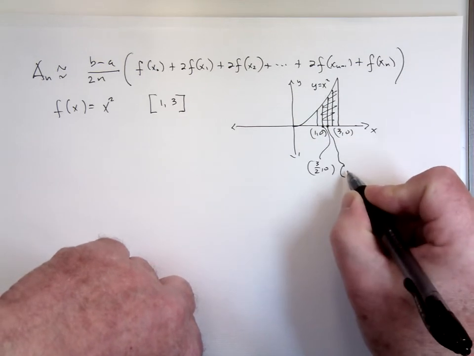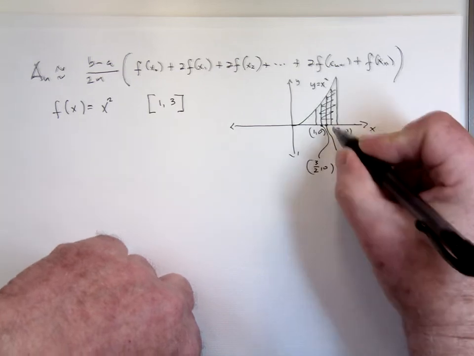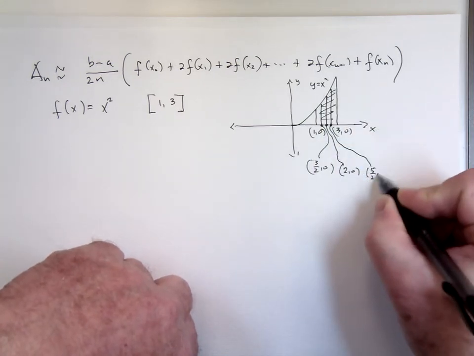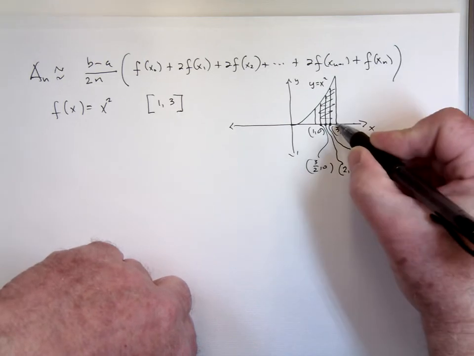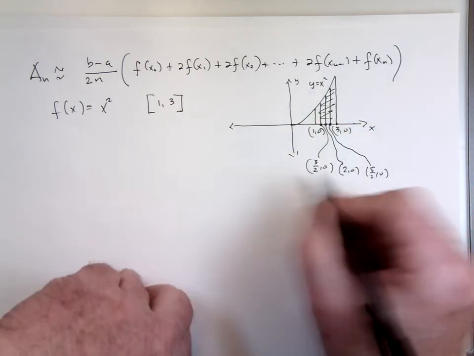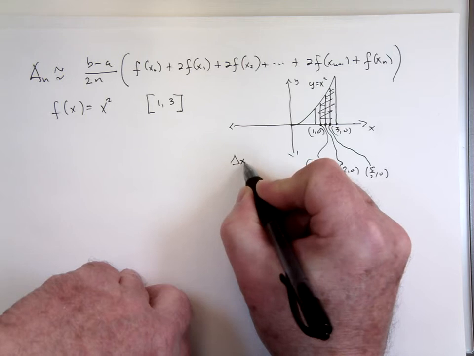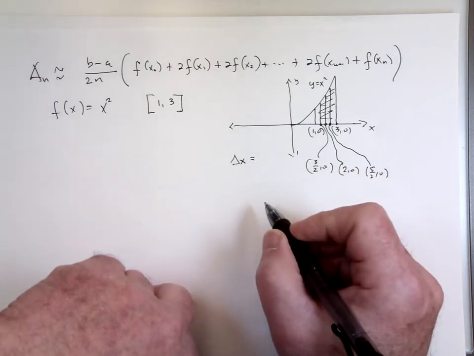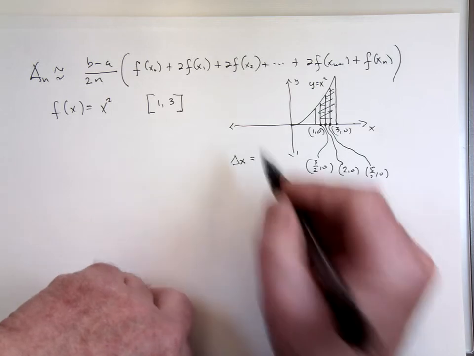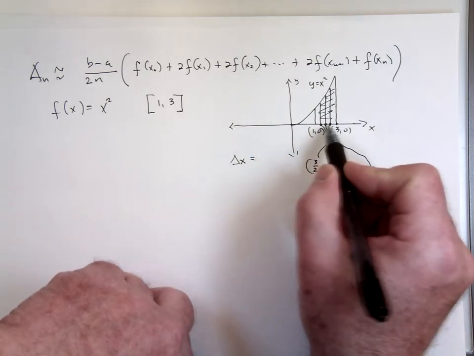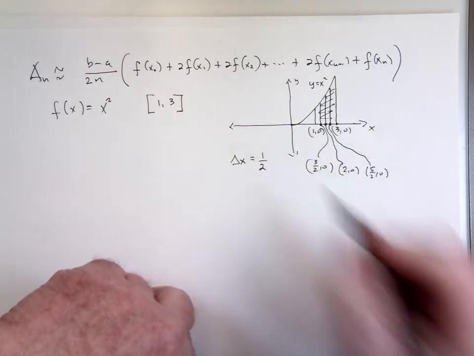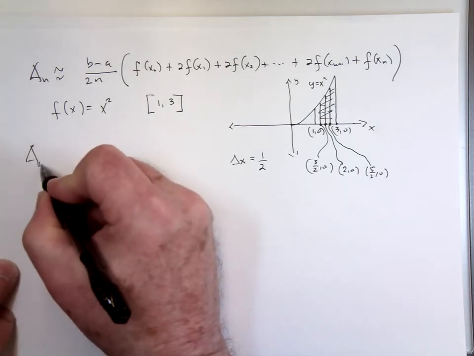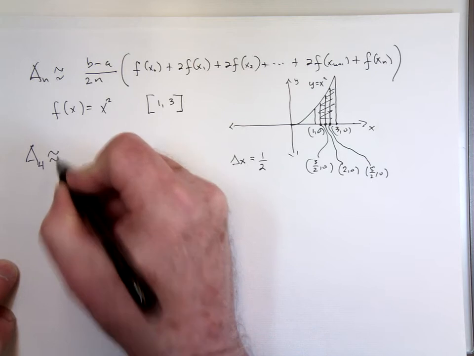Thank you. This point? 2.5. 5 halves. Good deal. And then 3. What's the delta x in this case? The width of each one of these? 1/2. Thank you.